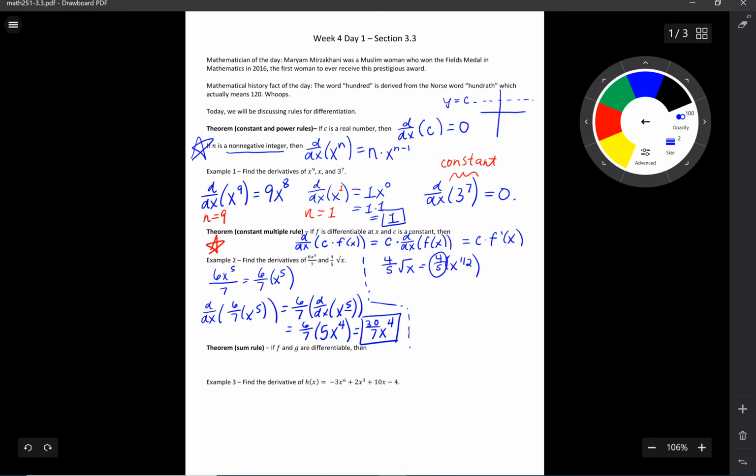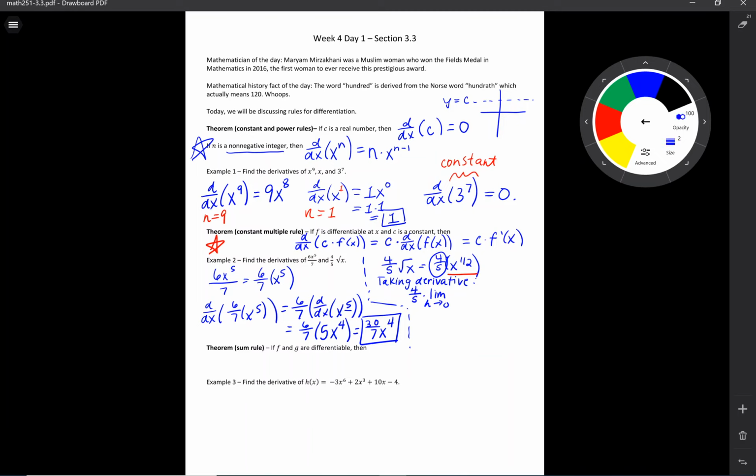So taking the derivative gives me 4/5 times the limit as h goes to 0. I'm bringing that 4/5 out in front, and now I'm just taking the derivative of x to the power of 1/2, or square root of x.